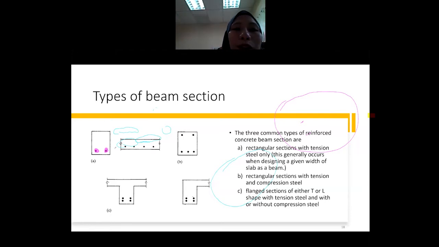This is the cross section of the beam. When you cut it, you will see its shape like this.